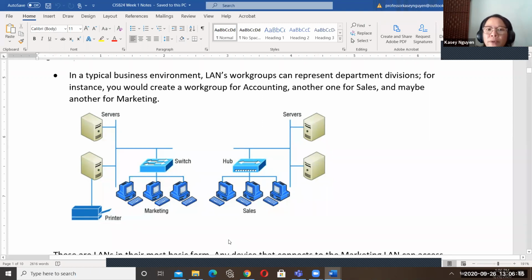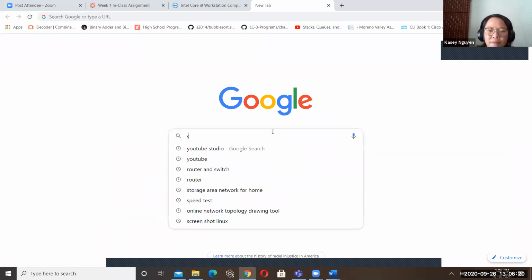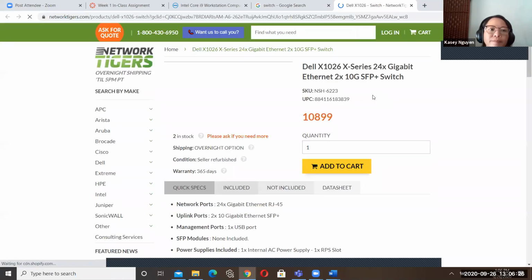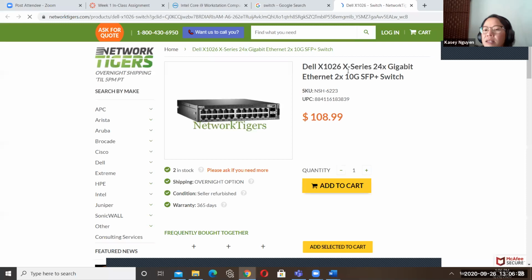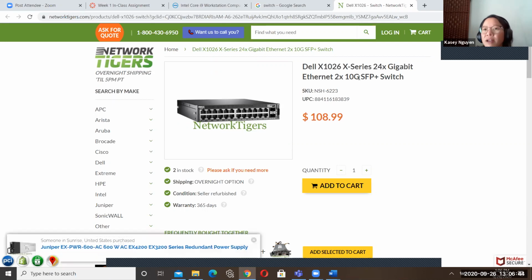So quickly, real quick, I wanna show you something. So let's say that if I just wanna get a switch like this one, okay? This is a Dell switch, and not just Cisco makes switches, right? You got Netgear, you got so many different companies, but Cisco, their switches utilize their IOS, and there's certain components with Cisco that are different than some of the other ones.